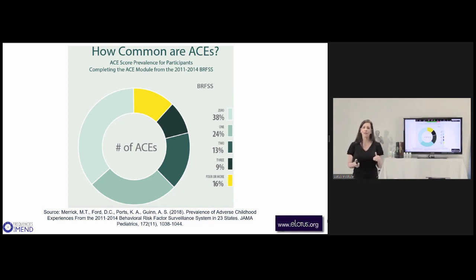Everybody else has experienced some kind of adverse childhood experience. What was so shocking to me is that 25% of the population has had 3 or more ACEs. Every time they've done this study, it is reproducible that we're seeing a high part of the population that has experienced ACEs, adverse childhood experiences.